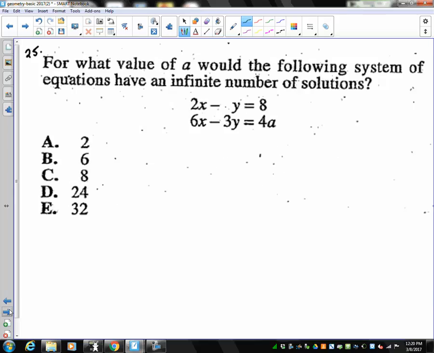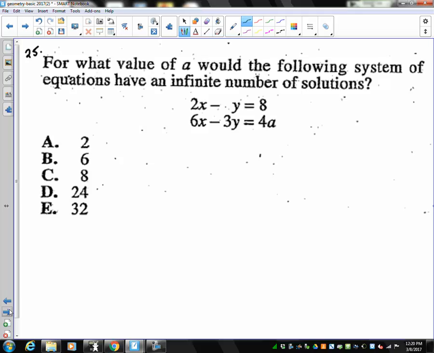Okay, number 25. Now this one, we can't use the program. I did one like this yesterday. It says, for what value of A would the following system have an infinite number of solutions? So what happens on the infinite number ones is that they should all cancel out. Now to get that to happen, I have to change them a little bit.